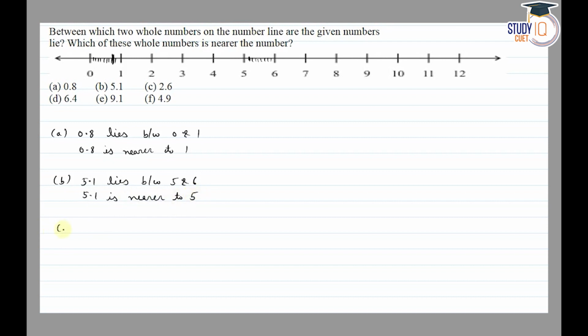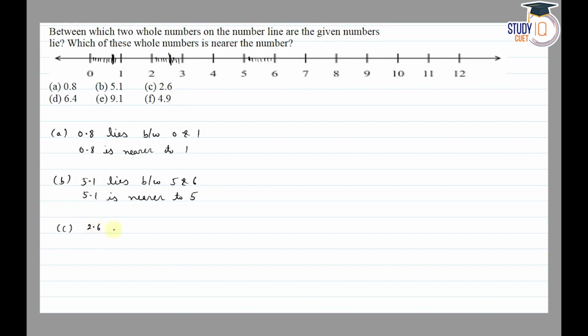Part C is 2.6. So 2.6: 1, 2, 3, 4, 5, 6, 7, 8, 9, 10. So this will be the middle part, and somewhere here 0.6 will lie.